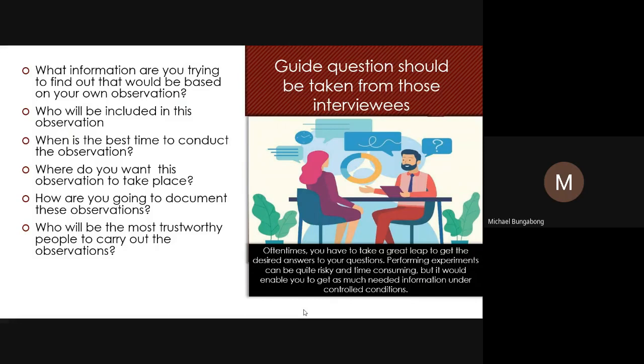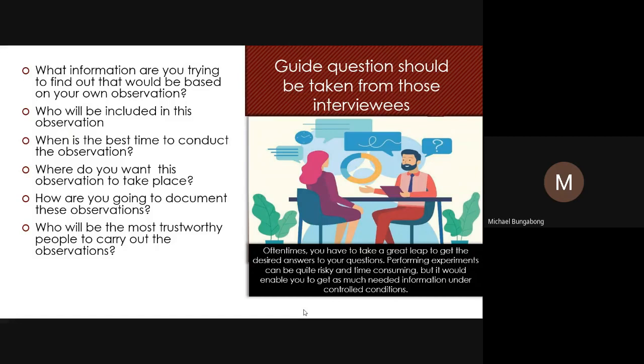Performing experiments can be quite risky and time consuming, but it would enable you to get as much needed information under controlled conditions. So this is actually a best way for you not to consume too much of your time and money. Observation is very important to collect data, but again, it's case to case basis.